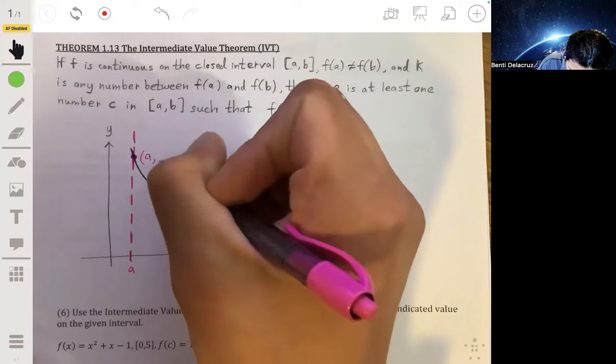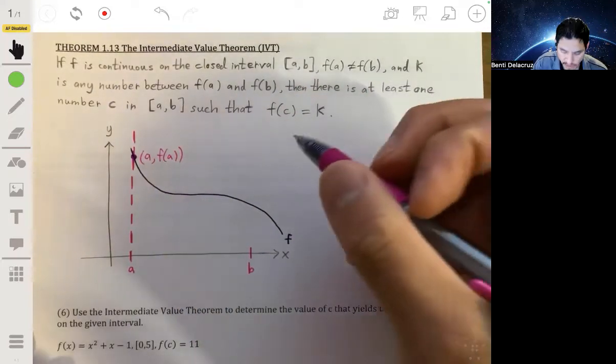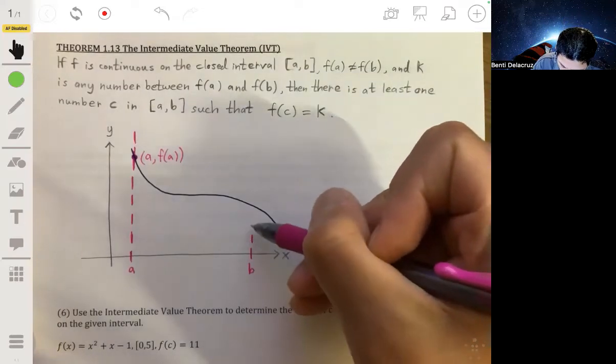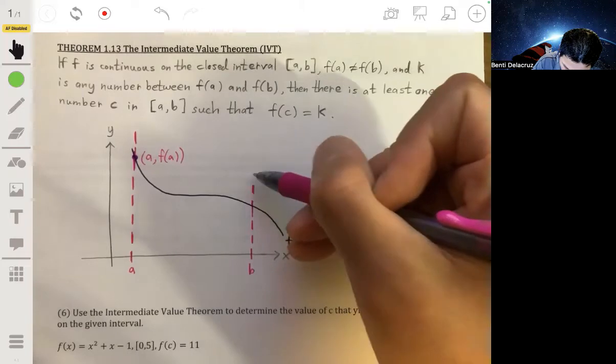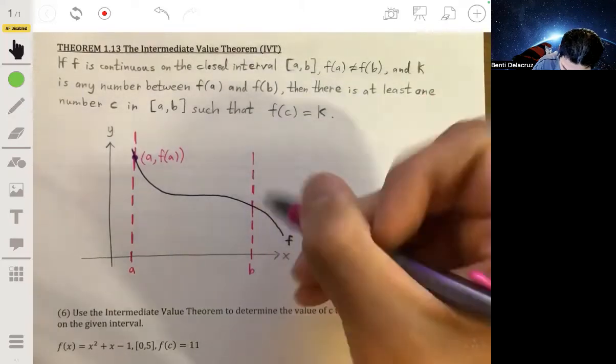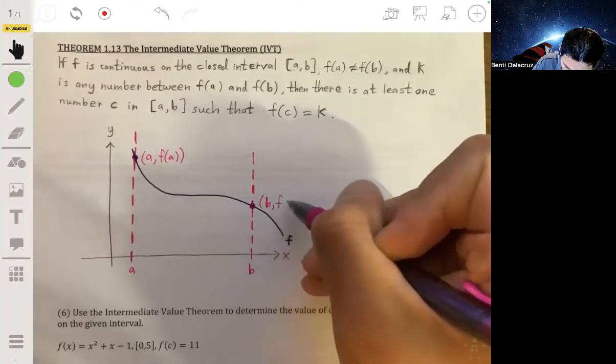So we would say that's f of a. And f of b would be the y value on the graph where x is equal to b. So it'll be something like over here. Say that's f of b.